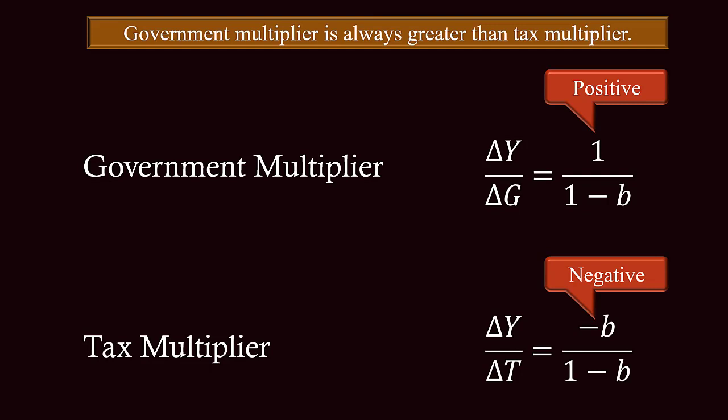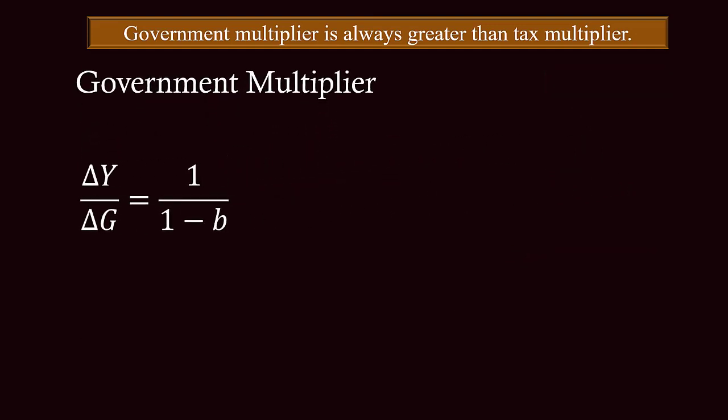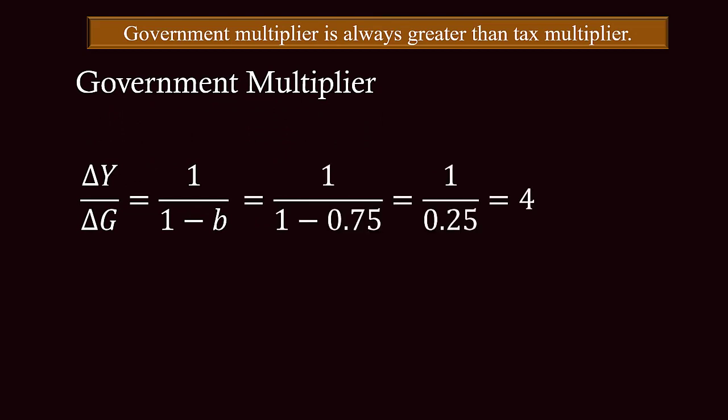A numerical example will help you to understand this. MPC is 0.75. Substitute this value in government multiplier. 1 over 1 minus 0.75, 1 over 0.25, 4.